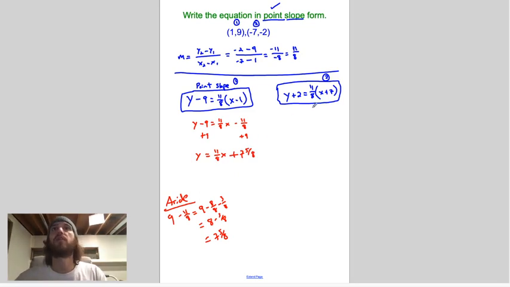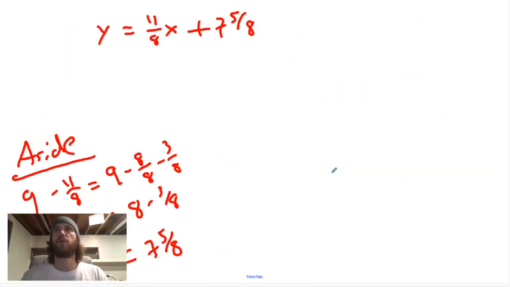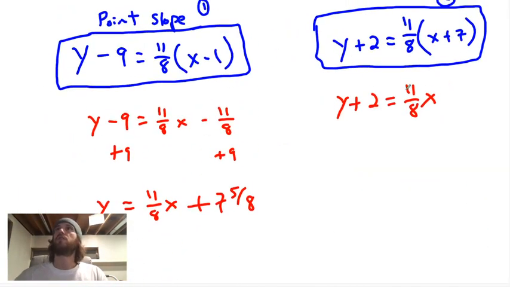Okay, and then right here, we're going to write this to check to see if it's the same. Let's do that. I'm going to distribute 11 over 8, so you get y plus 2 is equal to 11 eighths x. Let's fit this to screen, shall we? Boy, that's a lot larger than I thought. Distributing 11 over 8 times 7 is plus 77 over 8. So we have here now, we need to subtract 2 from both sides.